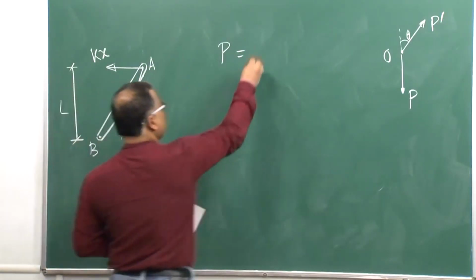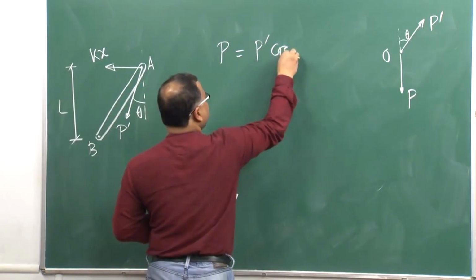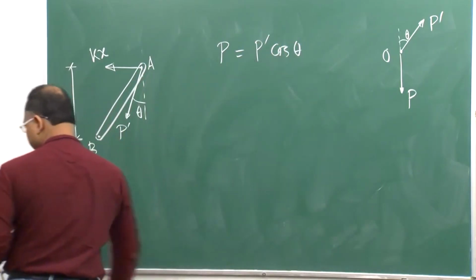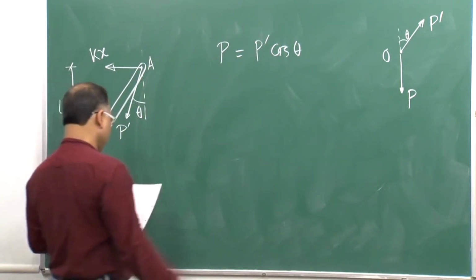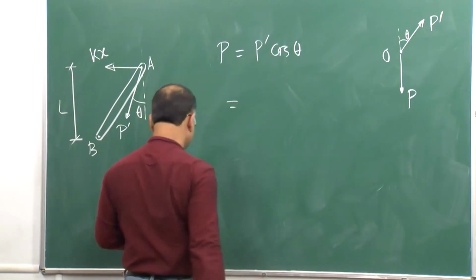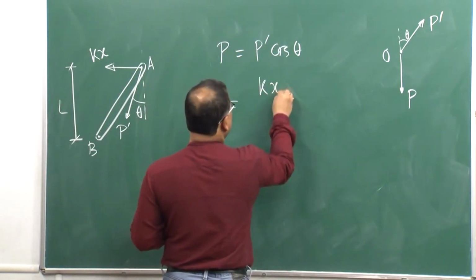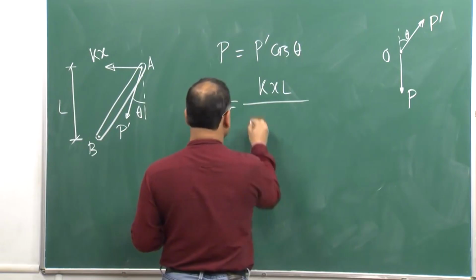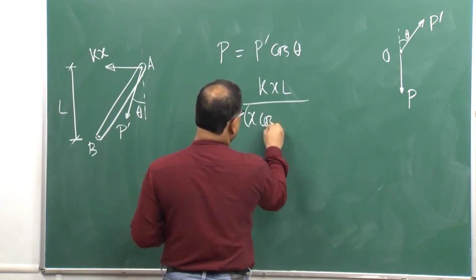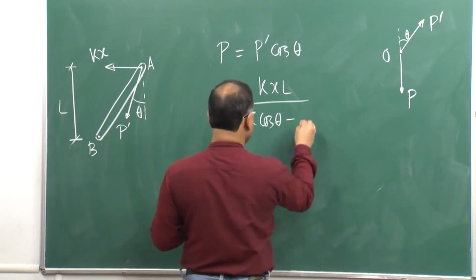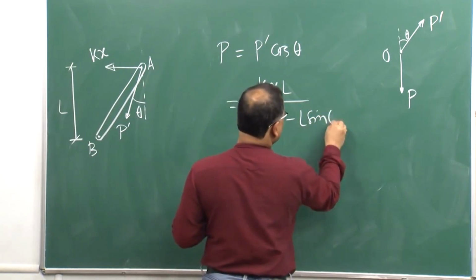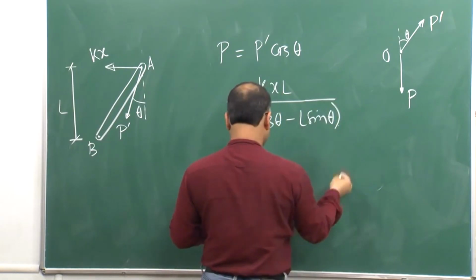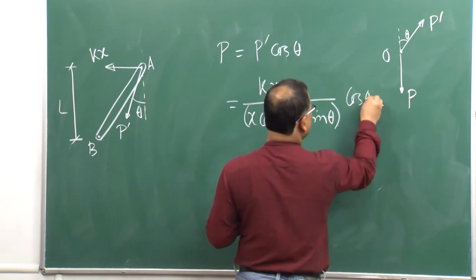So, P is nothing but P prime cos theta as per definition. So, here instead of P prime we can write Kxl by x cos theta minus L sin theta, into cos theta.